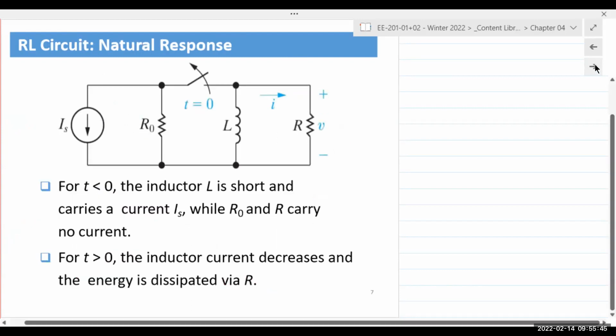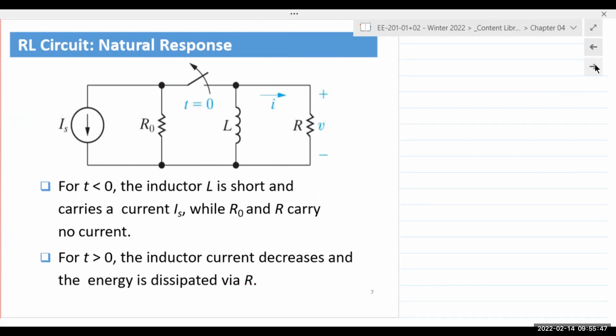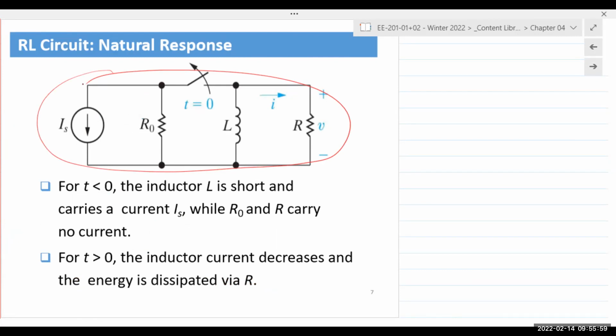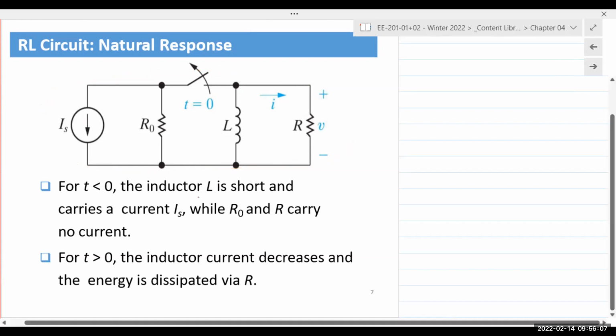So let's look at the first circuit, RL, natural response. We have a circuit, we are saying we have a current source IS. Now, the current direction, the references, the polarity, they're there for convenience purposes, for explanations, okay? So don't get too bogged down in how and why the circuit looks the way it does, but let's understand the process. So we have a switch here.